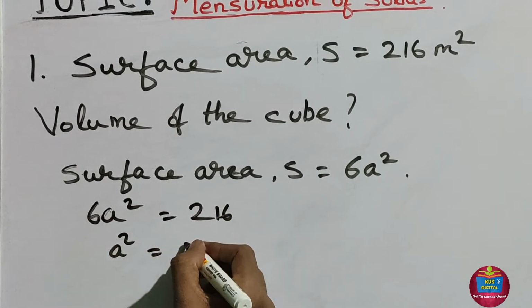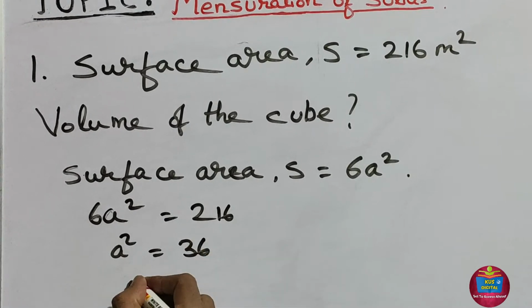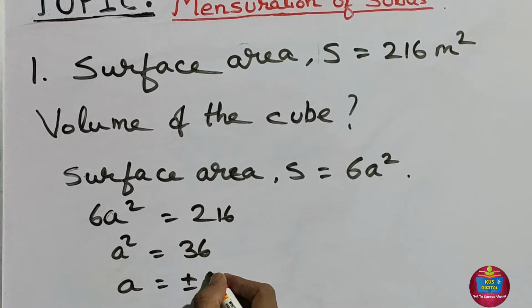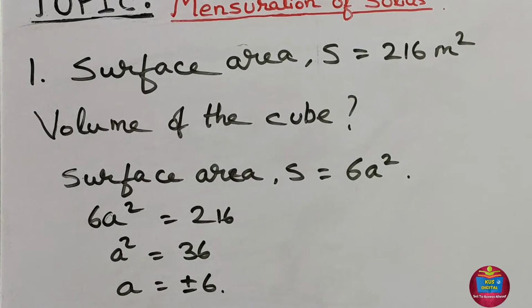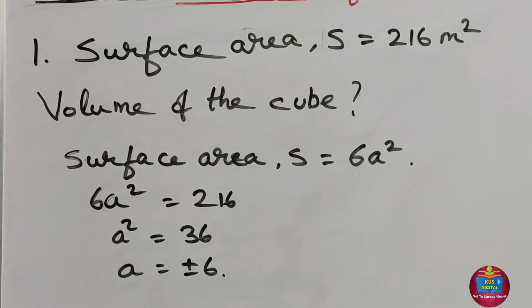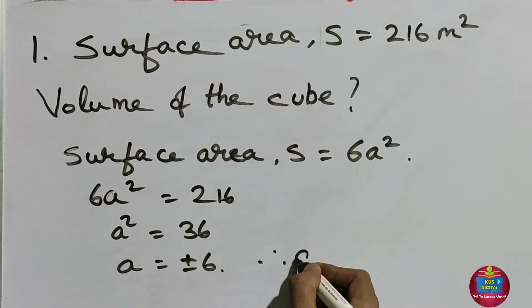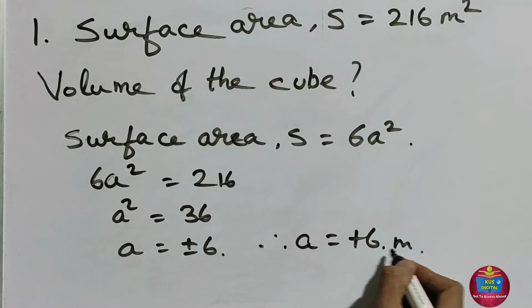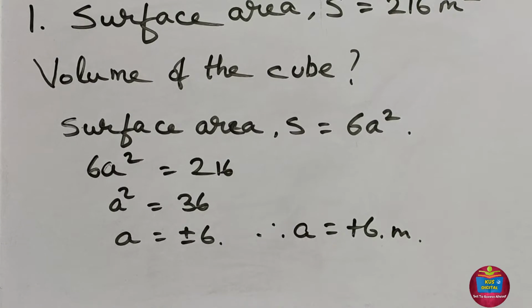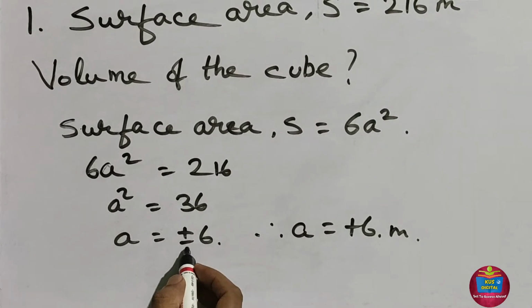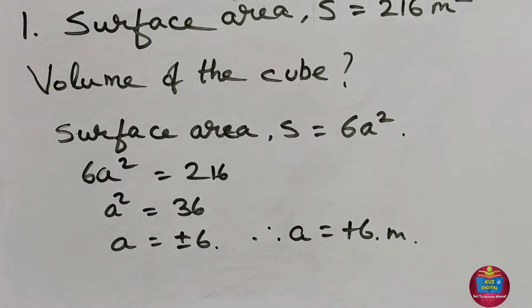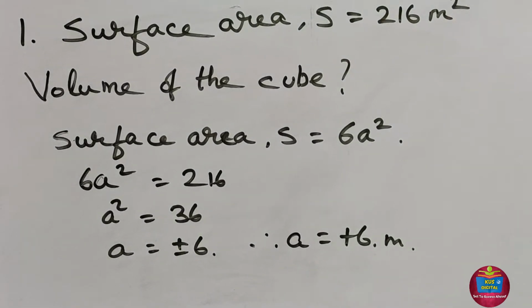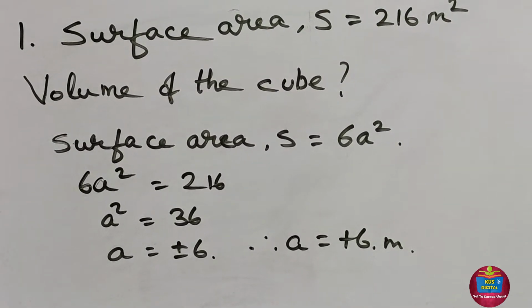So a square equals to 36, or a equals to plus minus 6. The length of a side cannot be negative. So therefore a equals to plus 6 meter. Because a side cannot be negative, we rule out the minus 6. Now we got the length of each side.